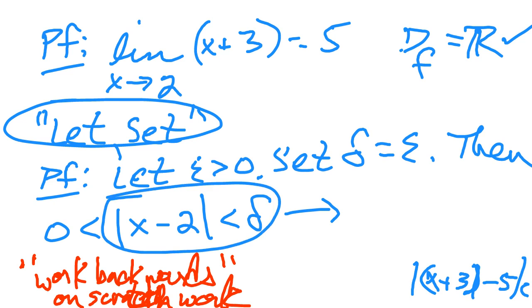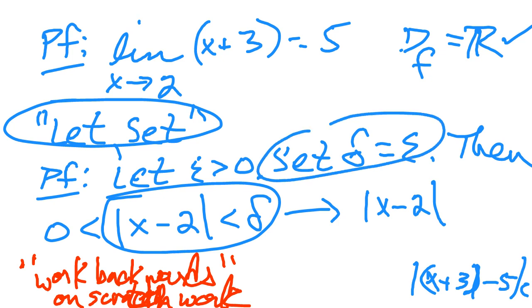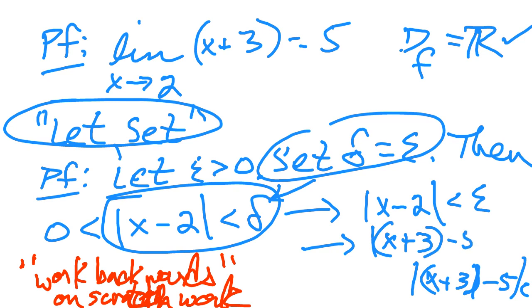So what I'm going to do here is work with the right side. This implies the absolute value of x minus 2 is less than delta. But what did I set delta equal to? Epsilon, right? So this is less than epsilon. I just plugged in epsilon for delta, which implies, going back up, that x plus 3 minus 5 is less than epsilon, which is what I wanted.